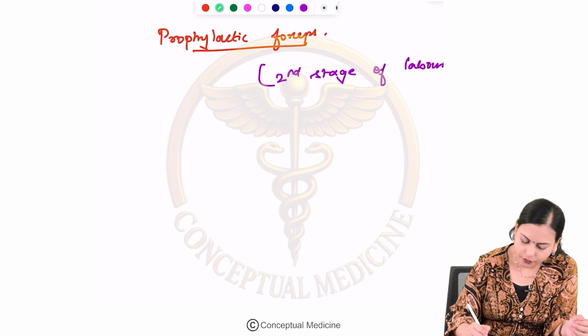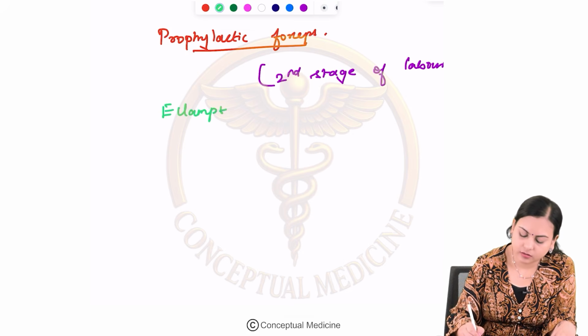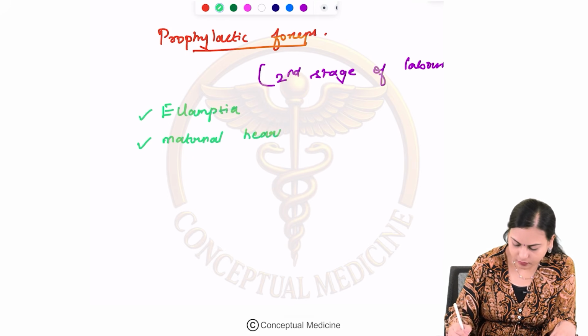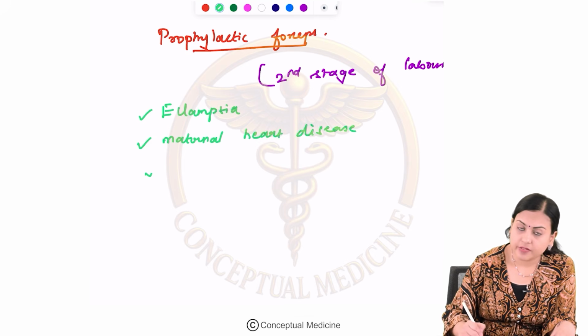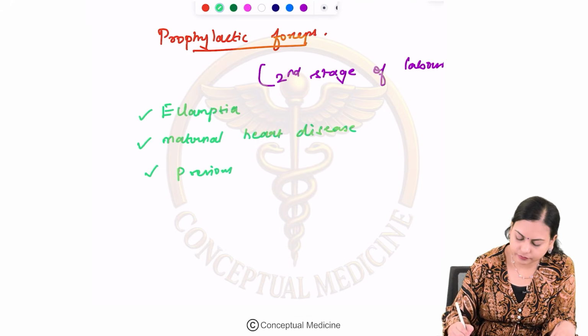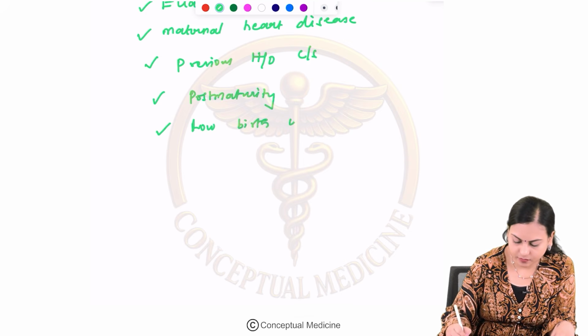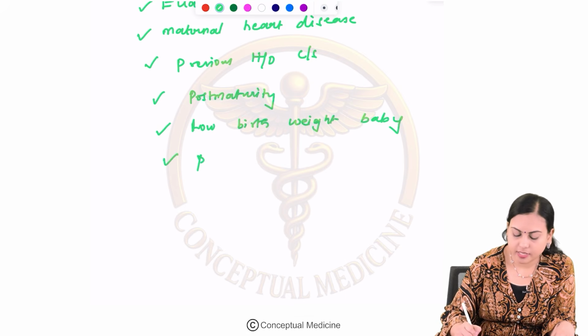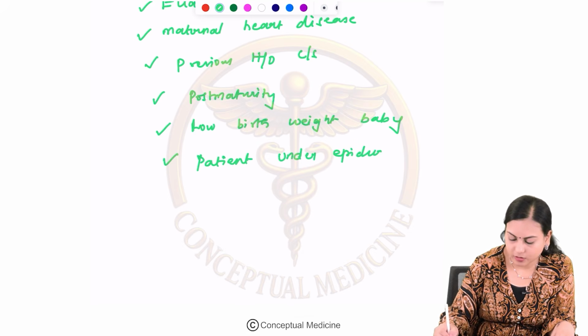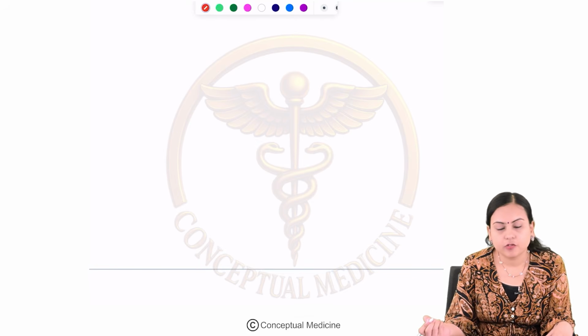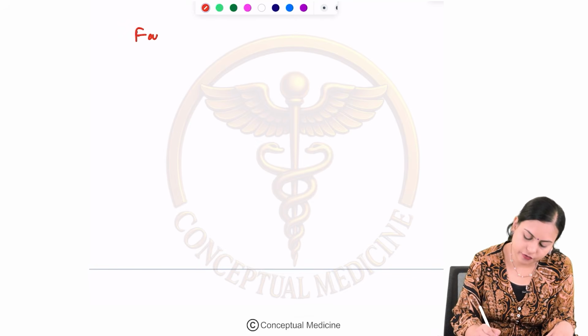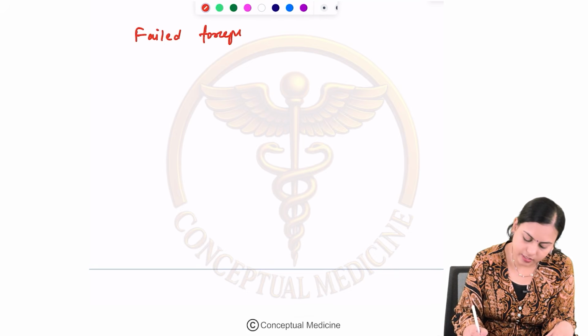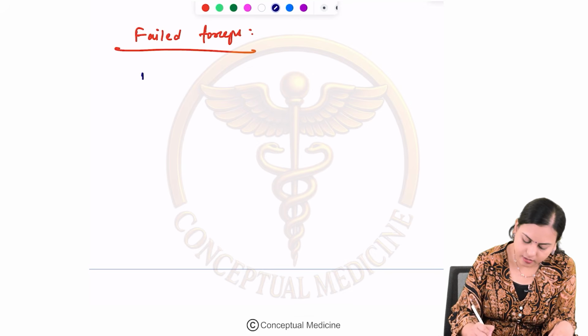So, these conditions may include eclampsia, maternal heart disease, previous history of cesarean section, low birth weight baby, and patient is under epidural analgesia.